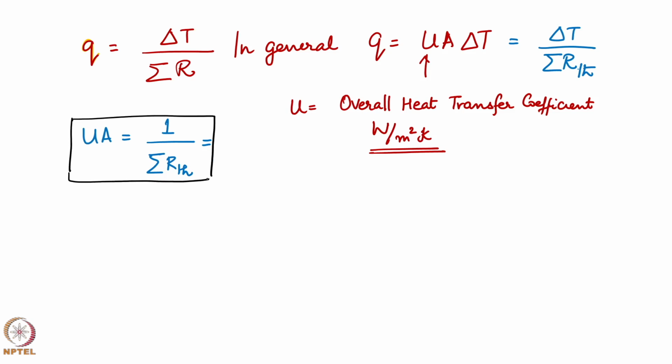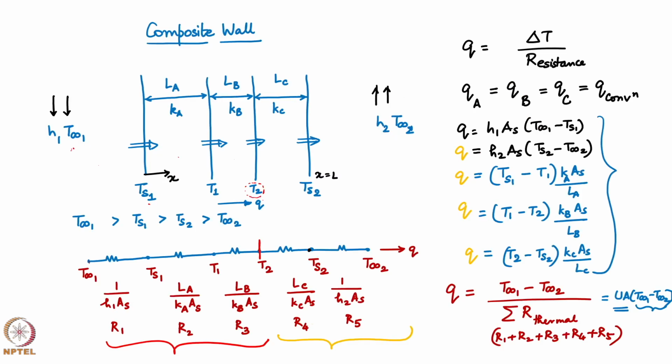What does this mean? It means, for a given system, what do I mean by a system? I have a particular geometry, I have chosen a set of materials, it is a plane wall, multiple materials are there, the dimensions are fixed, the temperatures are fixed, everything is fixed, the physical problem is fixed. That means all these quantities R1, R2, R3, R4, R5 are all fixed, right.